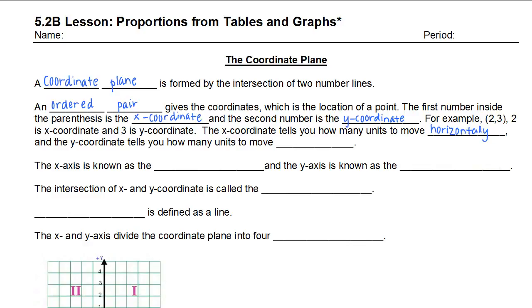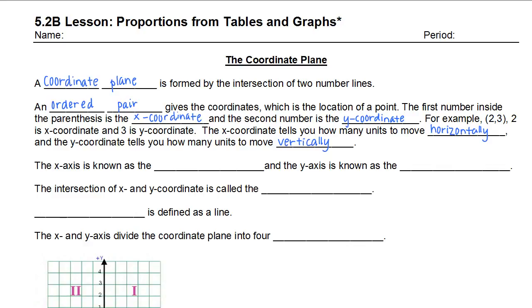And the y-coordinate, the second number, tells us how many units to move vertically, so that means up or down. And of course, whether we move left or right on the x-axis depends on whether that x-coordinate is negative or positive, and whether we move up or down on the y-axis is dependent on whether the y-coordinate is positive or negative.